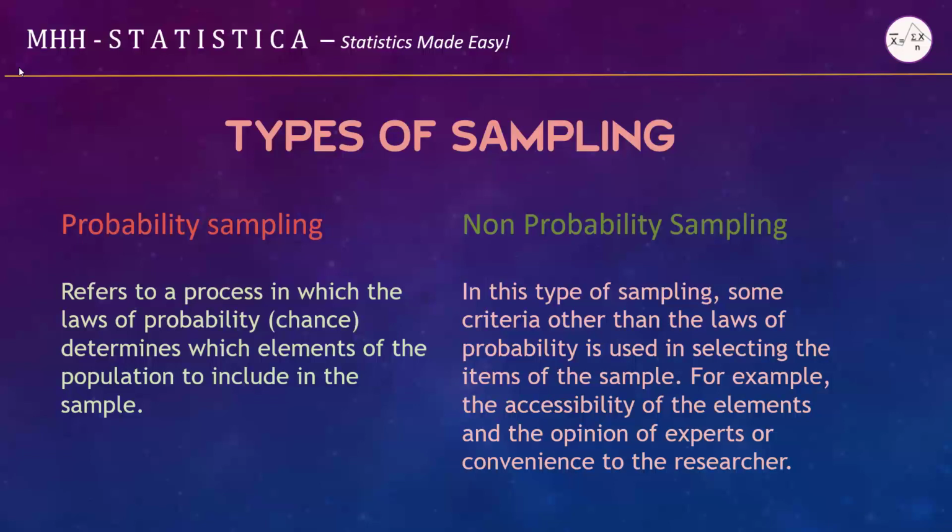And the last one, which is convenience to the researcher. For convenience, the researcher will look for a member that is suitable to perform the action, or a member that will fulfill a requirement.